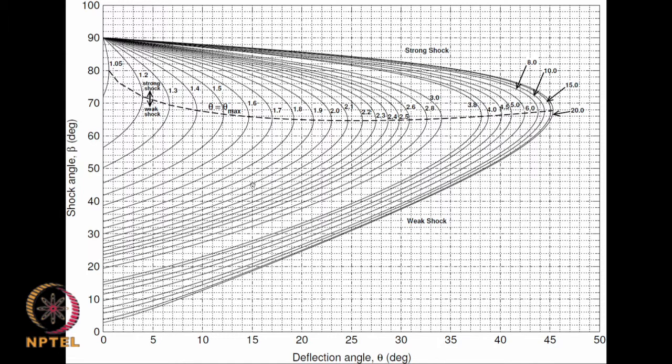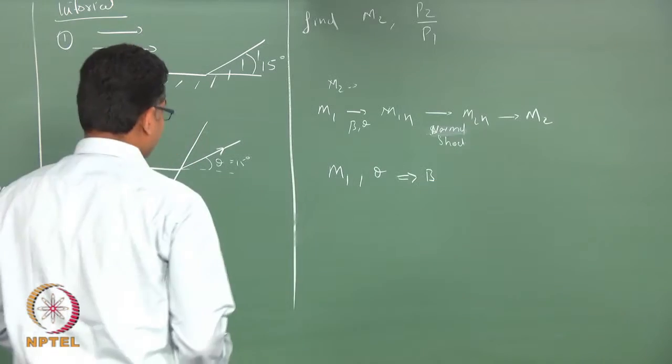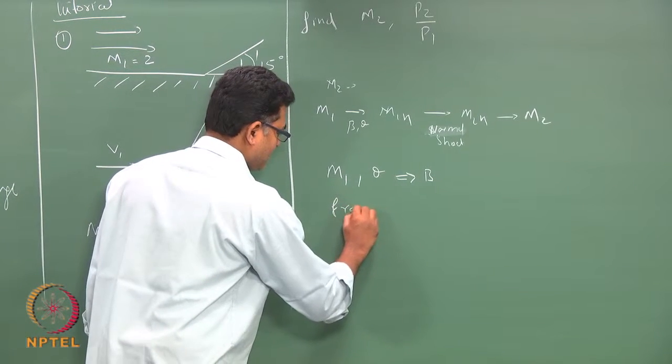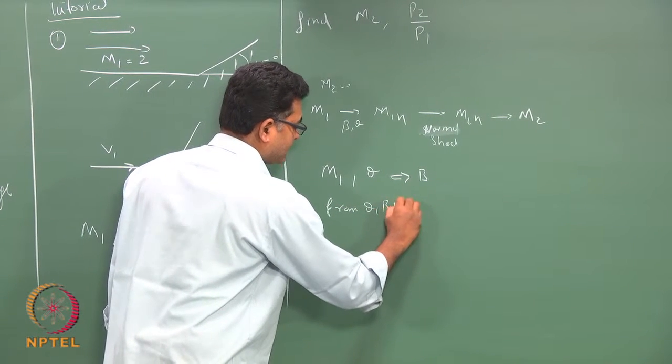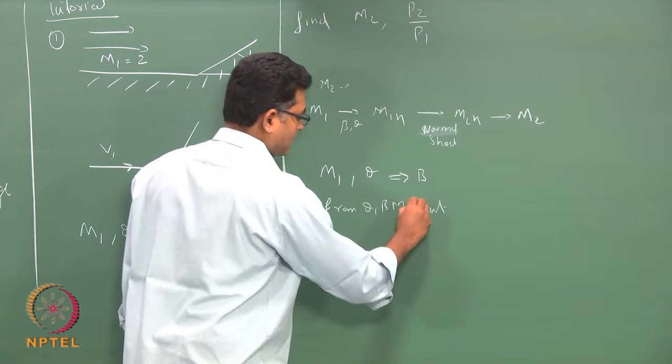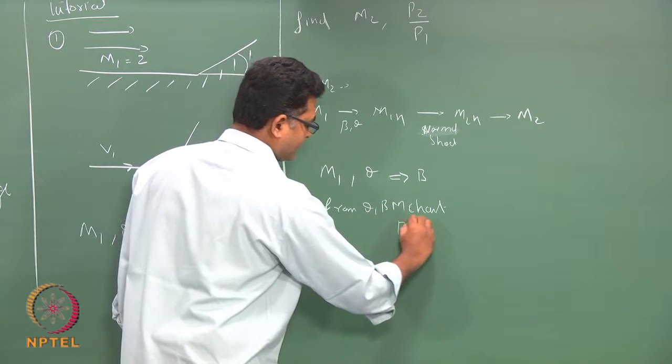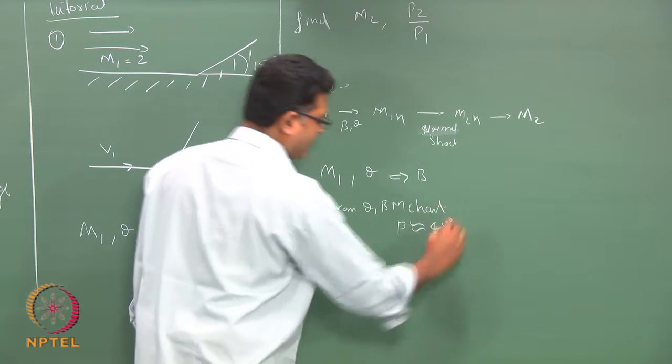So, I take a line from 15 degrees, and when it intersects the contour of M equals 2, taking the y projection, that should be around 45 degrees. So, from the theta-beta-M chart, my beta is approximately 45 degrees.